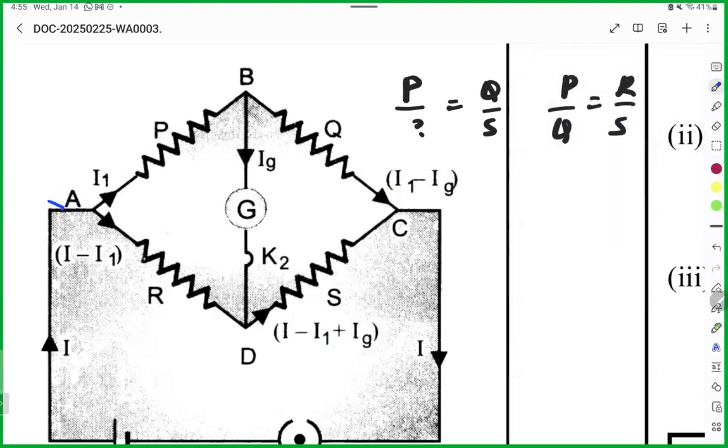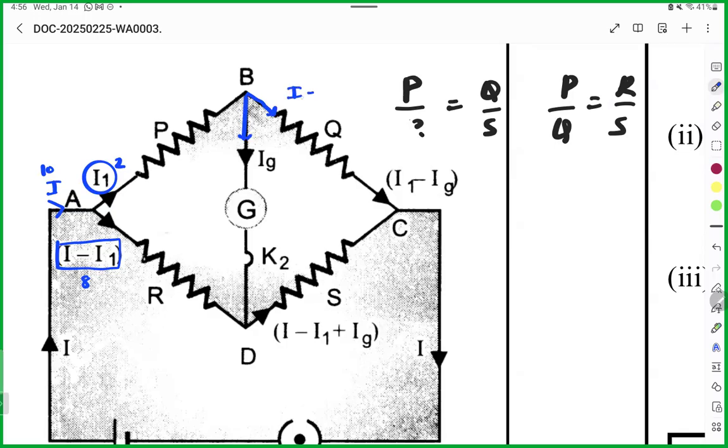Here, total current was I. If this current is I1, what will be this current? I minus I1. Just like if it is 10 and this is 2, what will it be? 10 minus 2, or 8. Same thing. Correct? Then from I1, some current will go as Ig. What will be this current?